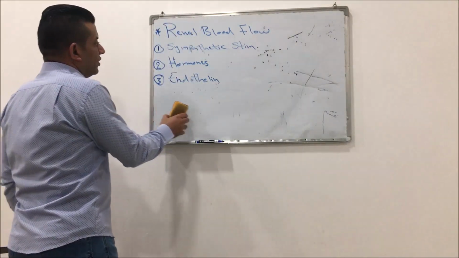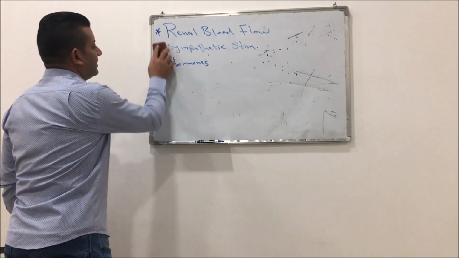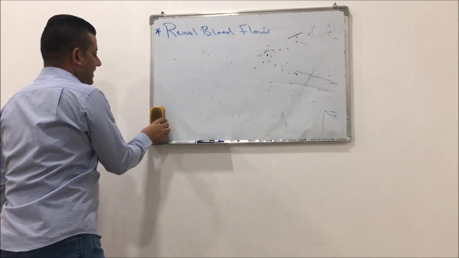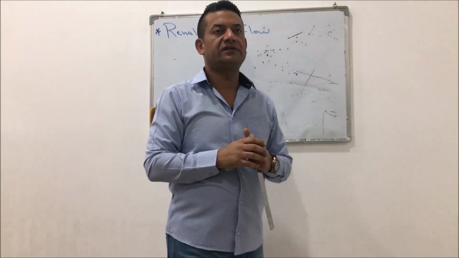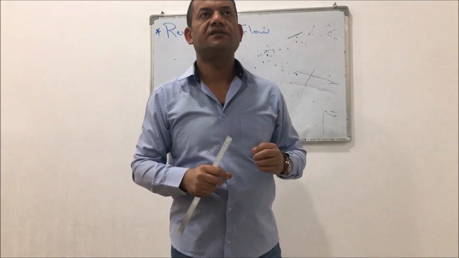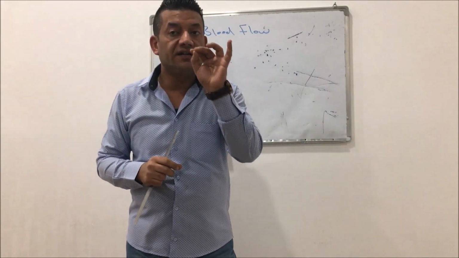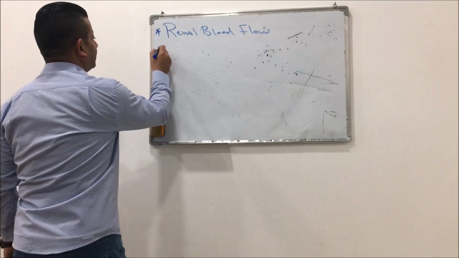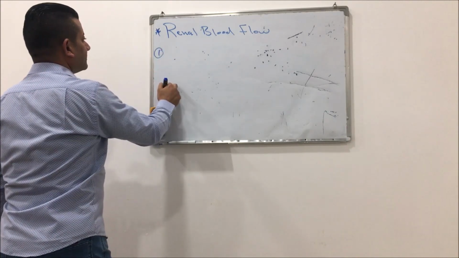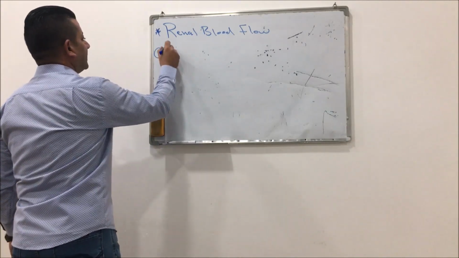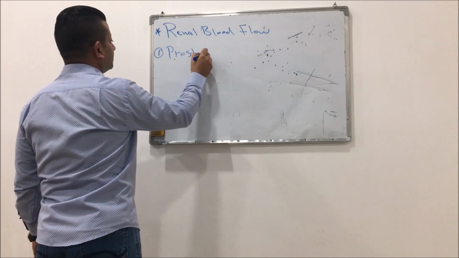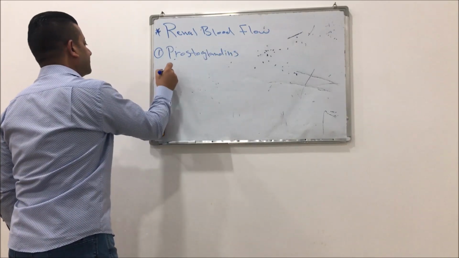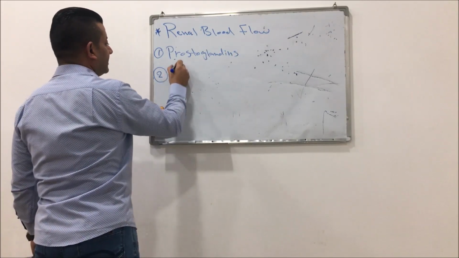Okay. On the other side, there are many factors which cause dilation of the arteriolar bed within the kidney, specifically the afferent arteriole. The afferent arteriole is dilated by prostaglandins and by nitric oxide.